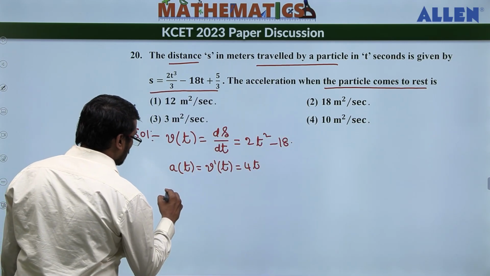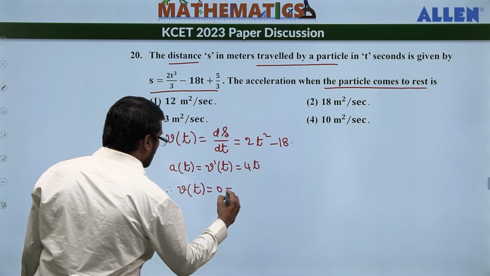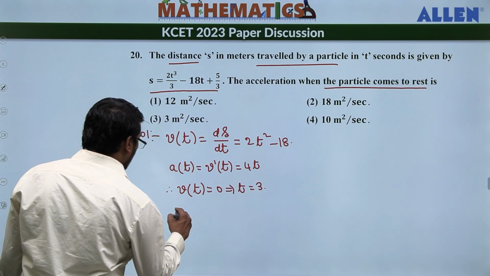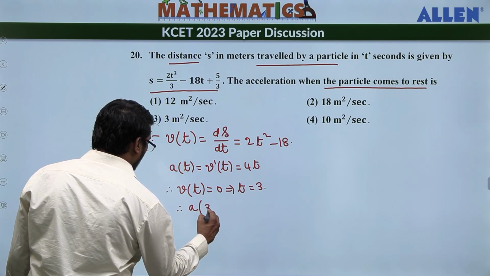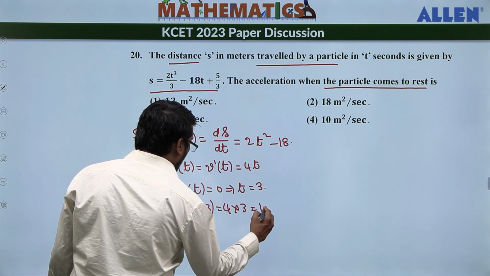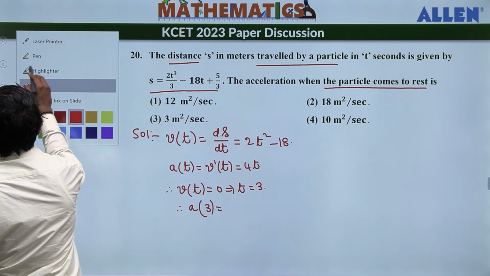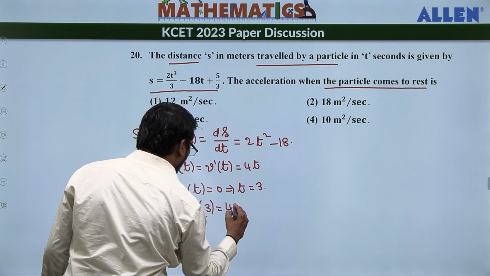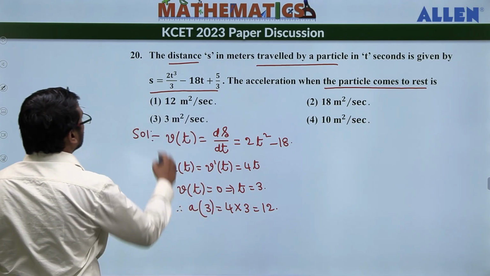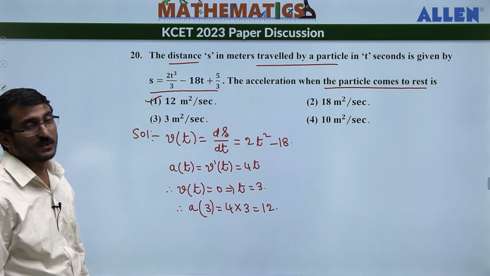Therefore, speed is 0, velocity is 0. So, t is equal to 3. Therefore, what is A of 3? 4 into 3. That is meter square per second.